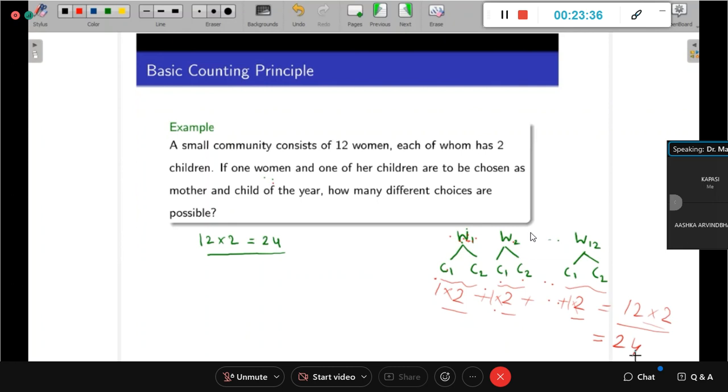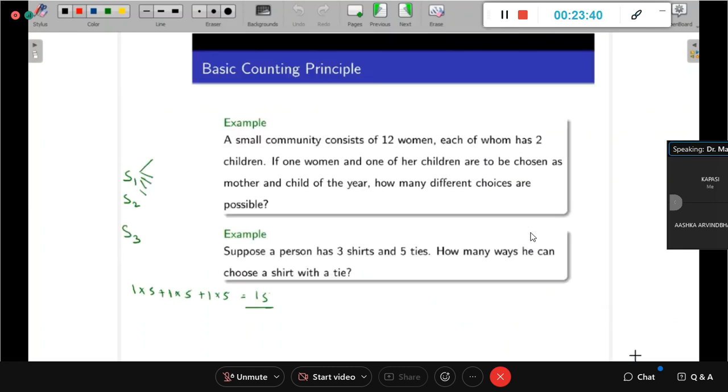Now let's go to the next example. Suppose a person wants to go to a party and he has a choice of 3 shirts and 5 ties. How many ways can he choose a shirt with a tie? I think you can answer yourself very quickly.